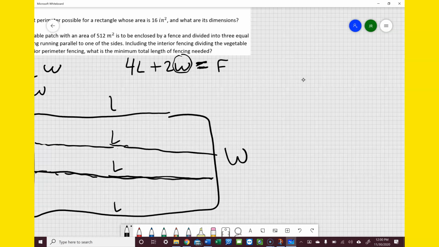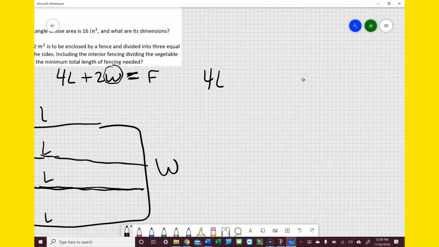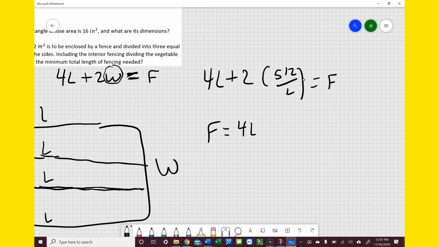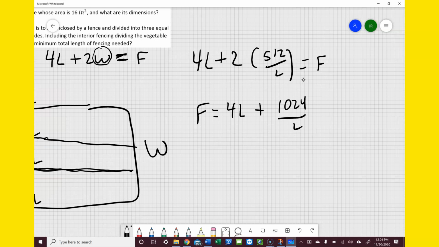So 4L plus 2 times 512 over L equals F. So F equals 4L plus 1024 over L, if I have done my arithmetic correctly.